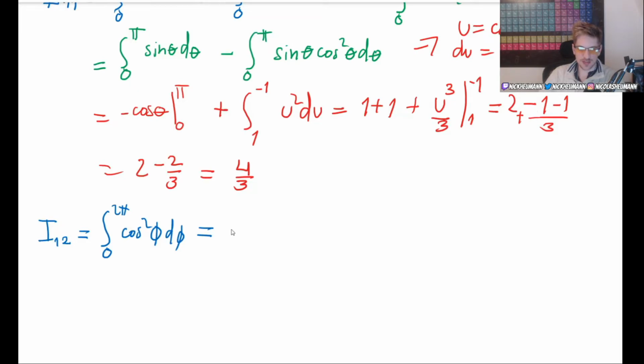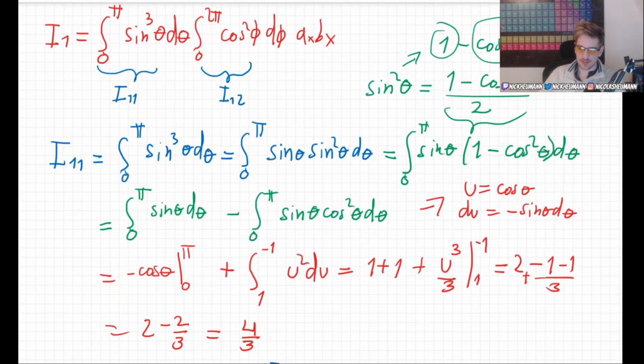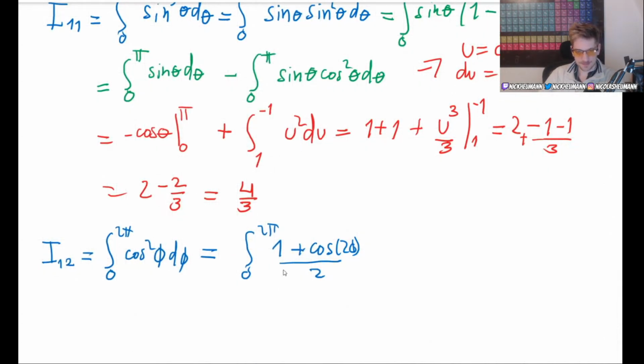Let's just write, instead of cosine squared, 1 plus, I think, cosine of 2 phi, over 2, d phi. Let me double check that it is indeed plus. Yeah, it would be plus, yes. So we integrate this. The first part, the 1/2, would give us 2 pi over 2.